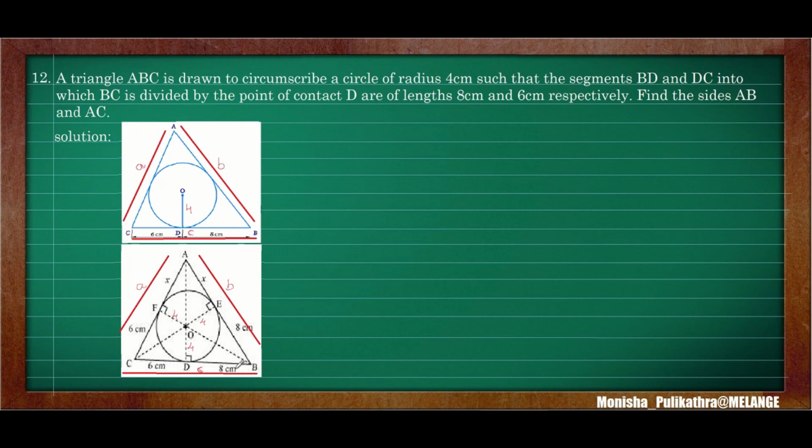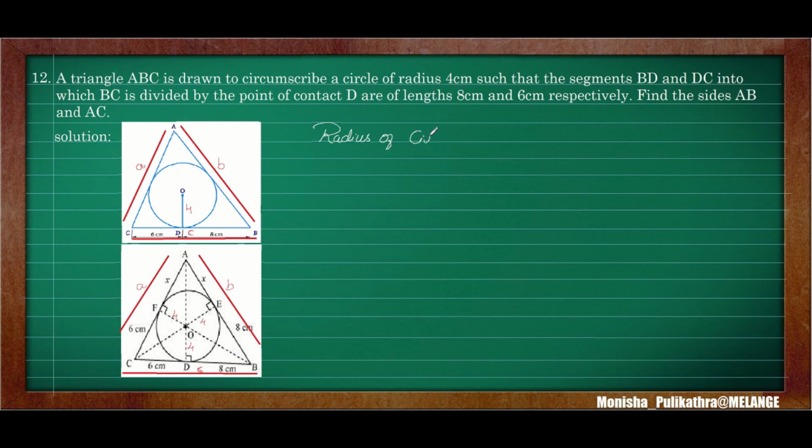So this is given in the question, 6 centimeter, and this is 8 centimeter. You can see here these two are tangents drawn to the circle from point C. So if this is 6, this is also 6. Likewise, if this is 8, this is also 8, and here the tangent value is not given, so let it be x. So therefore, we need to write the radius of the circle.